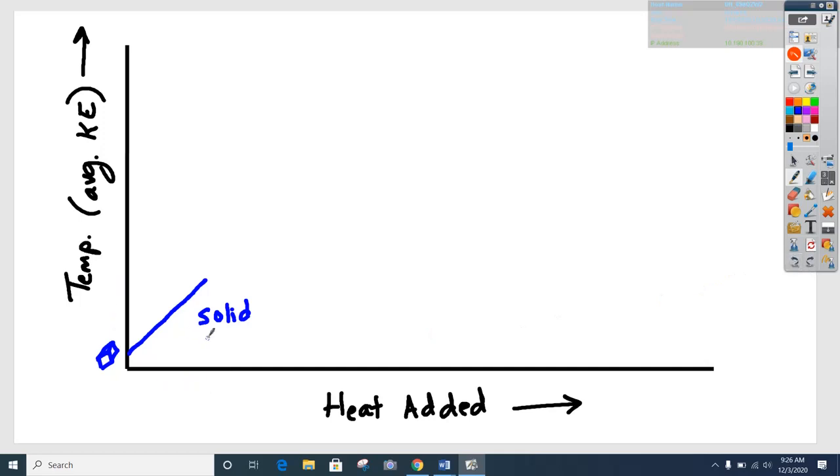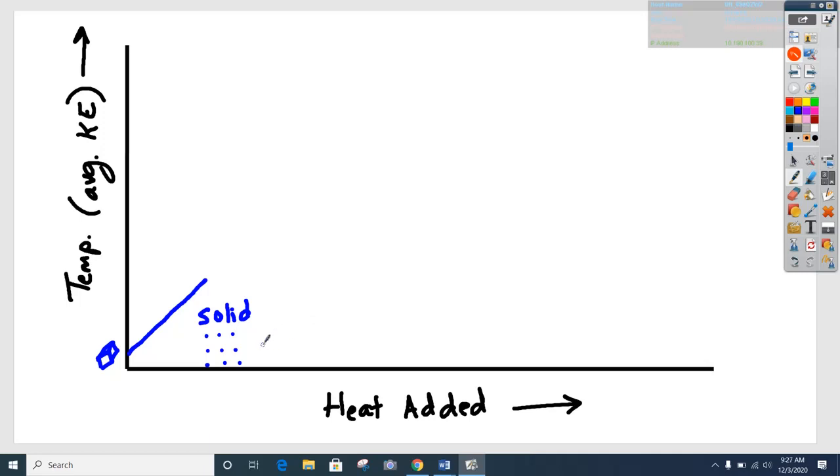Now, the solid molecules, when you have a solid, the particles, the molecules are in an orderly structure. They are called a lattice structure, meaning the molecules have a nice, neat, orderly pattern to their organization, to the way they line up. As you add heat, the molecules are going to use the heat energy that you're adding to move, and they will start moving faster.